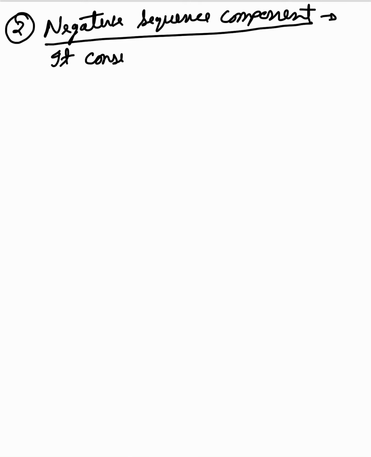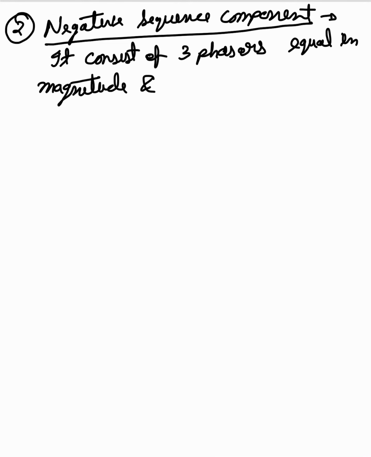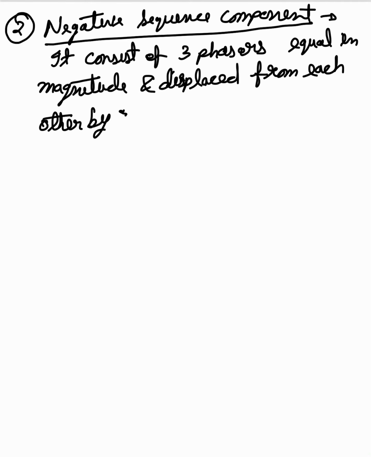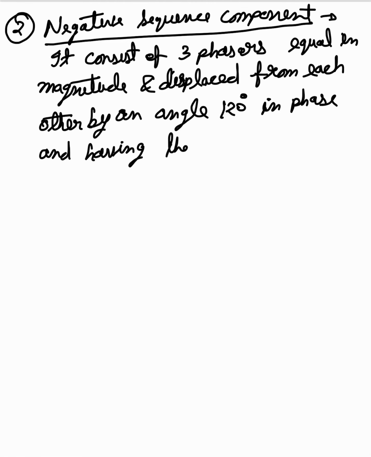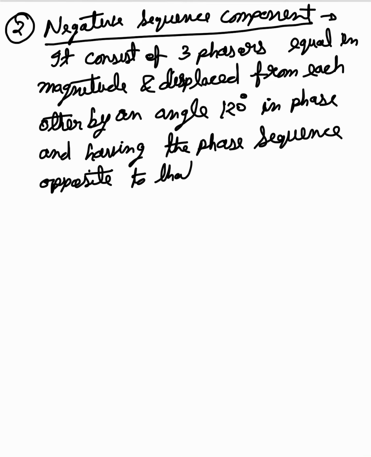According to it, the negative sequence component consists of three phasors equal in magnitude and displaced from each other by an angle of 120 degrees in phase, and having the phase sequence opposite to that of the original phasors.